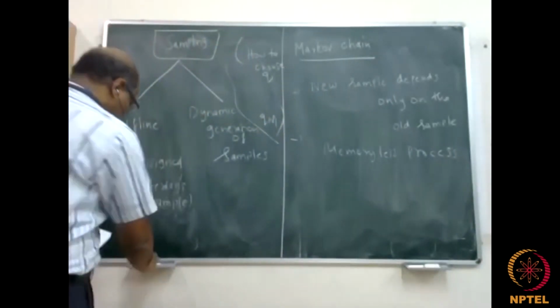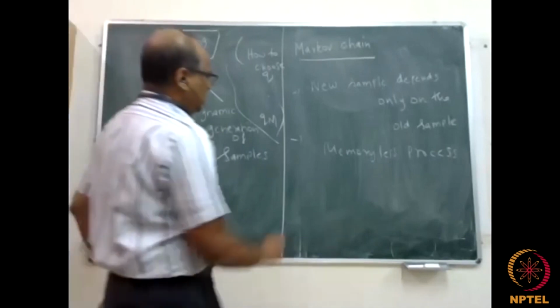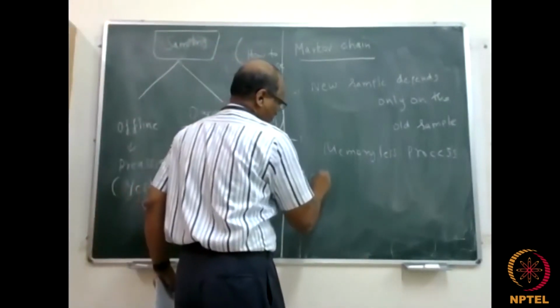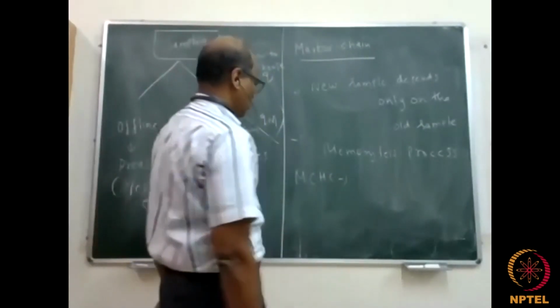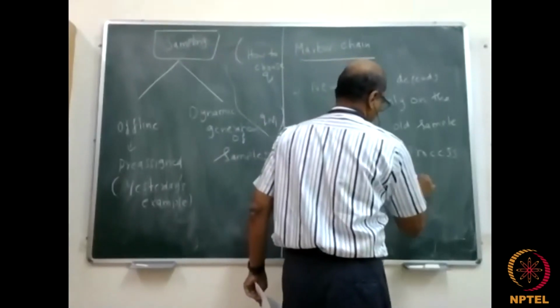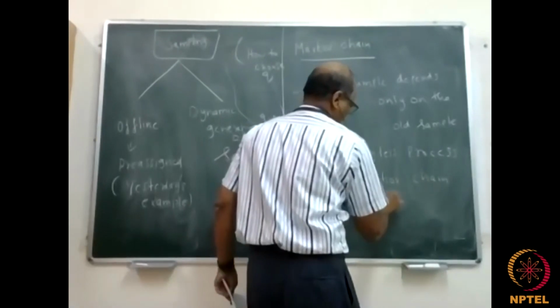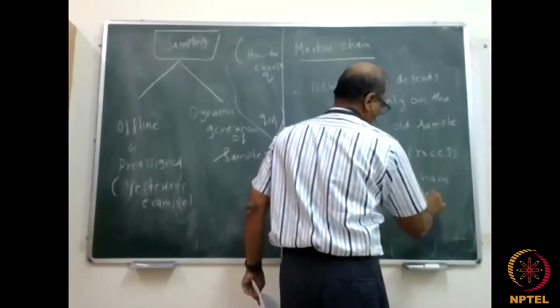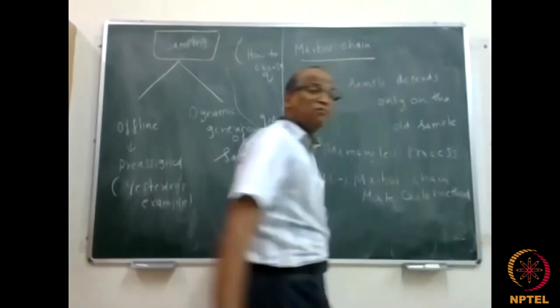So if you combine this Markov chain with Monte Carlo, this is Markov chain Monte Carlo. What is a Monte Carlo method?